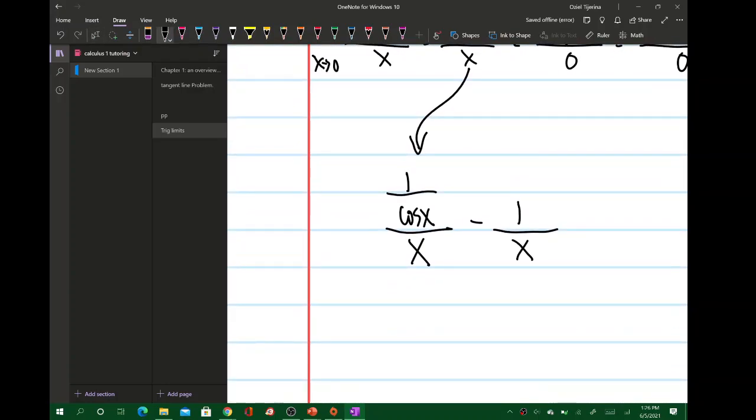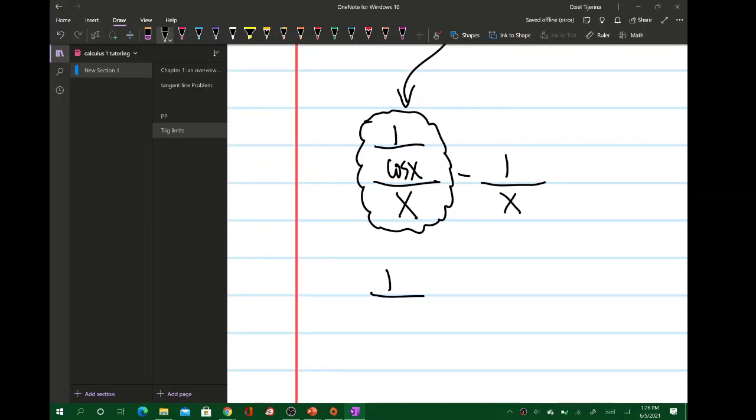So what is this part here? That's going to be 1 over cosine x times 1 over x, excuse me, and then minus 1 over x.